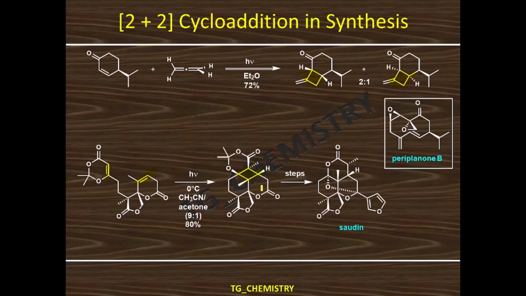It gives complex fused cyclic structures with heteroatoms constituting the cycles, and in several steps again it can be used to prepare saudin as the major product. So these two are the examples where 2+2 cycloaddition reactions were used for the synthesis of bioactive compounds.